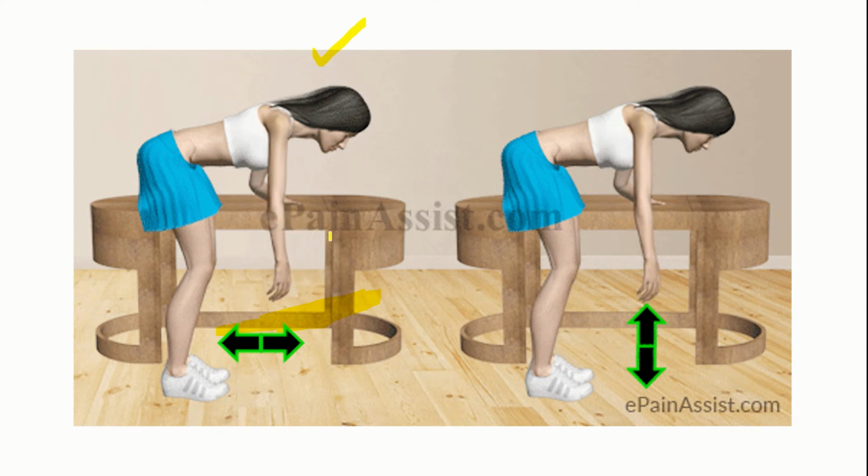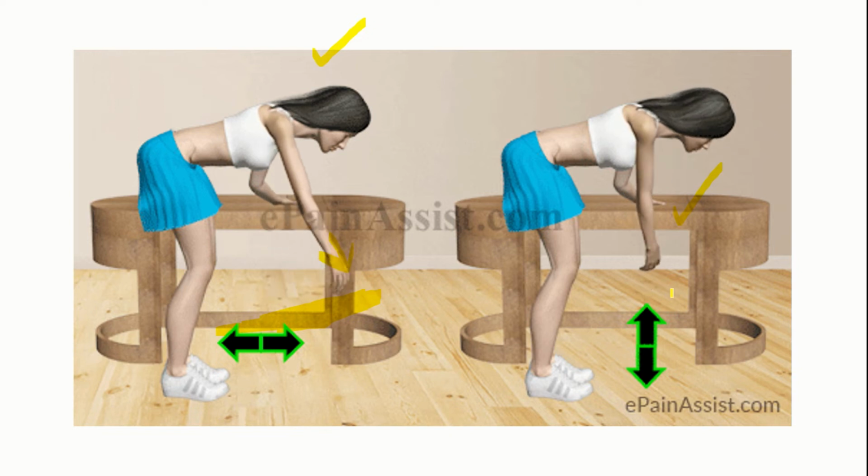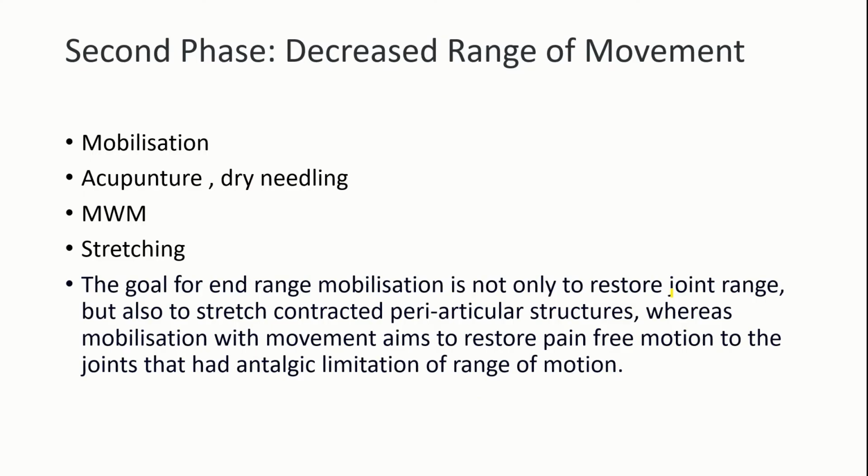So in the initial stage, we can implement these exercises, the Codman exercises, or we call them the pendulum exercise. In this, the patient is doing adduction and abduction movements. Both of these movements are assisted by gravity.